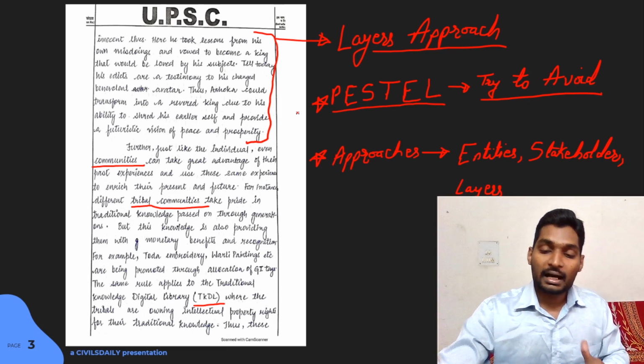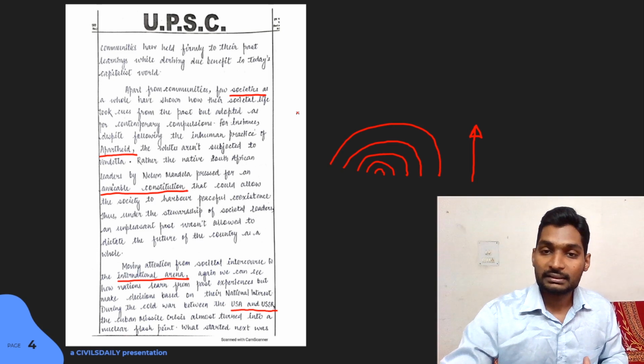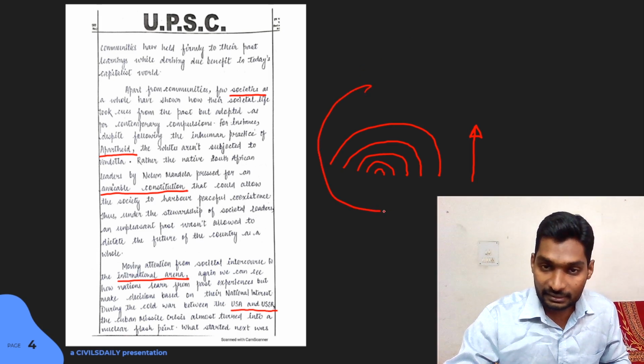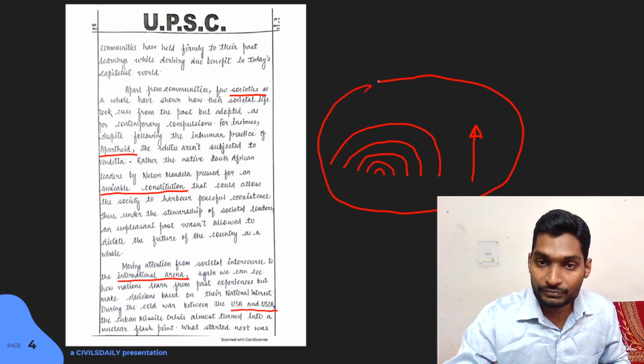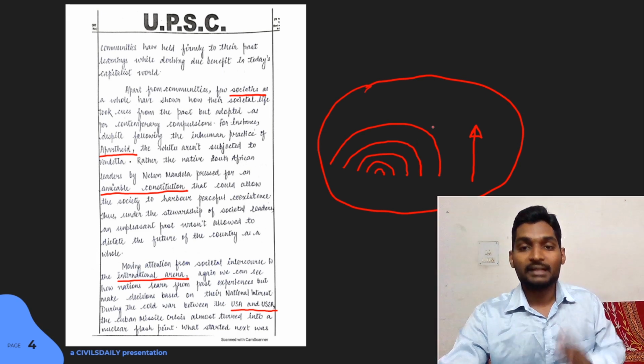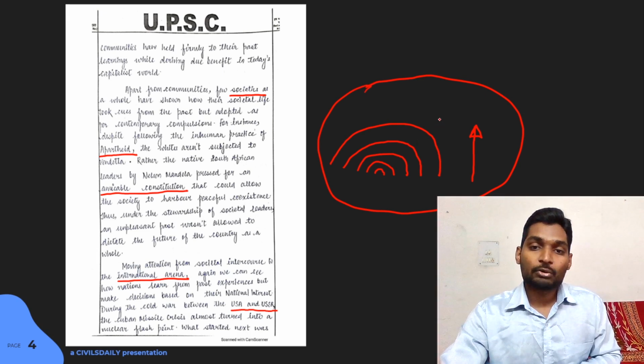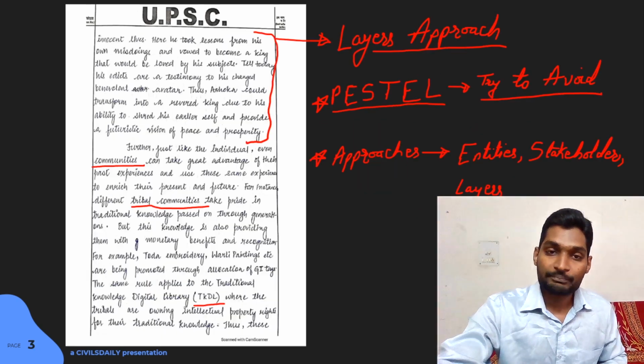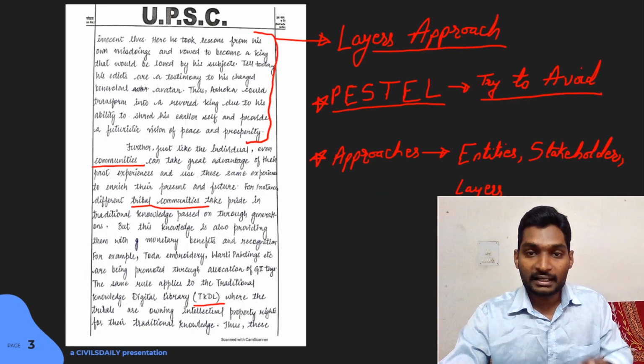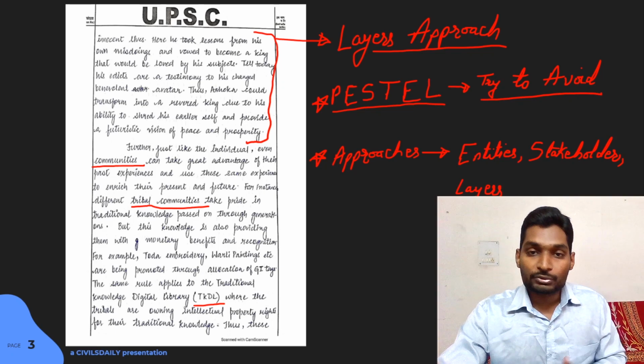That is, we are moving from one layer to another, and as you can see here, our analysis moves in a very standard format upwards from micro to macro level analysis.